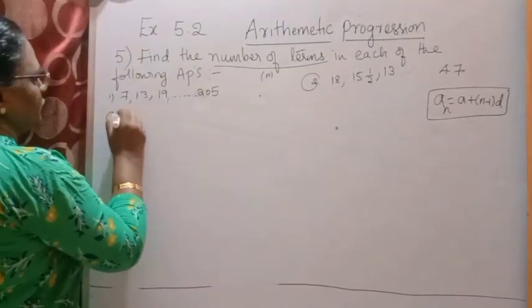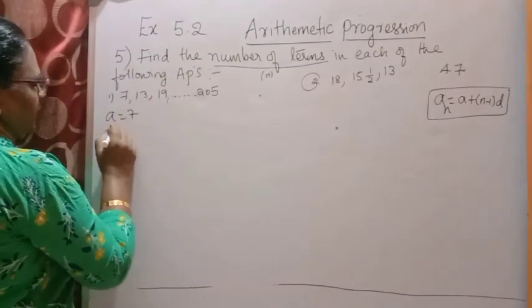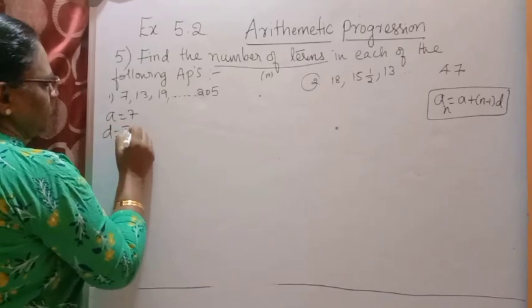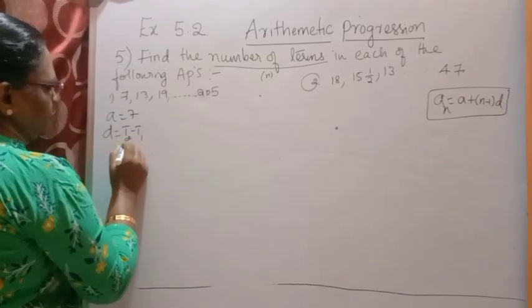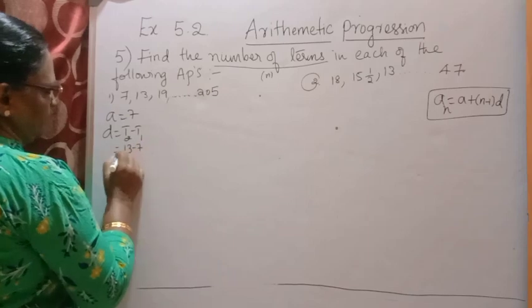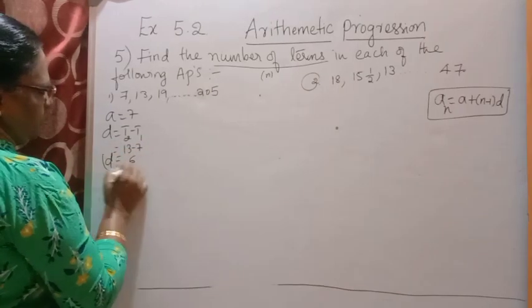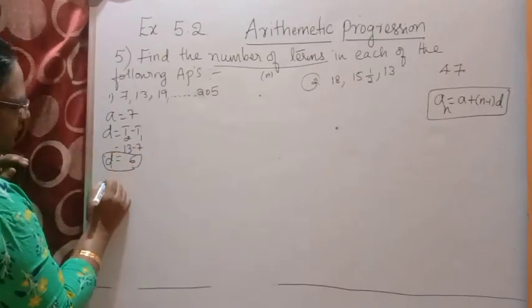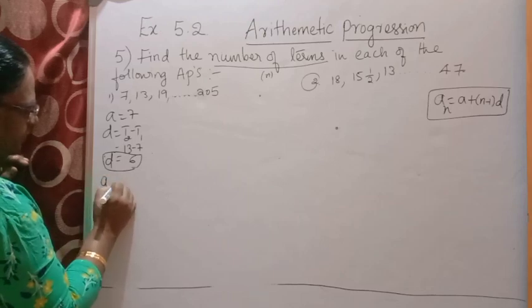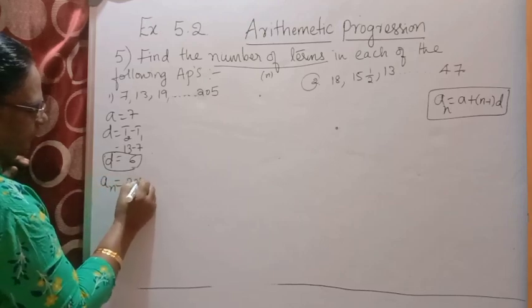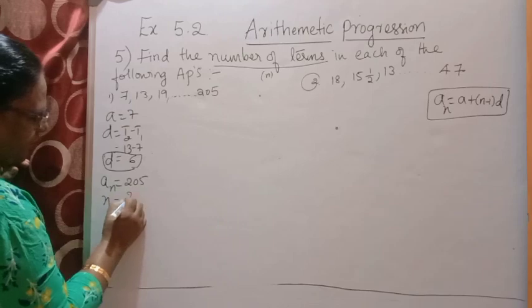a is equal to 7, d is equal to t2 minus t1, that is equal to 13 minus 7, 6, d is equal to 6. Next, an, the last term, is 205. The number of terms you have to find out.